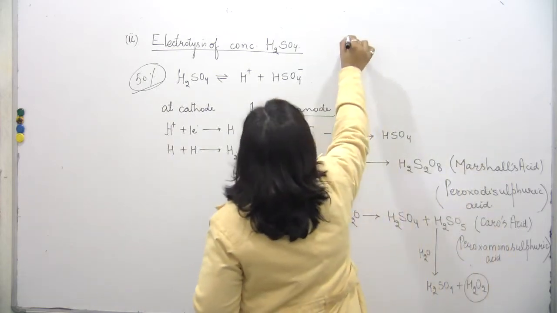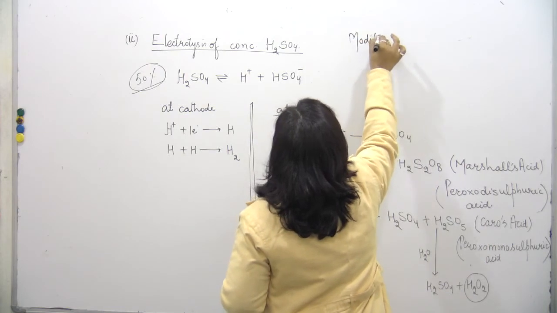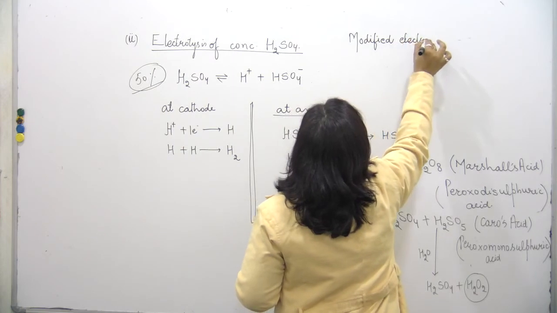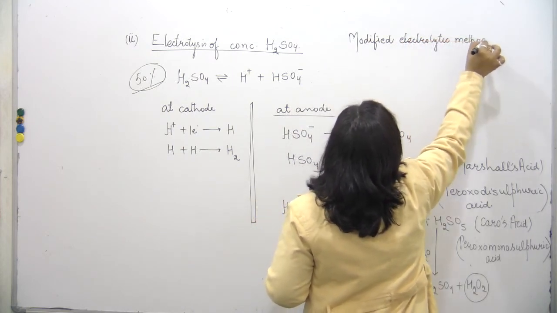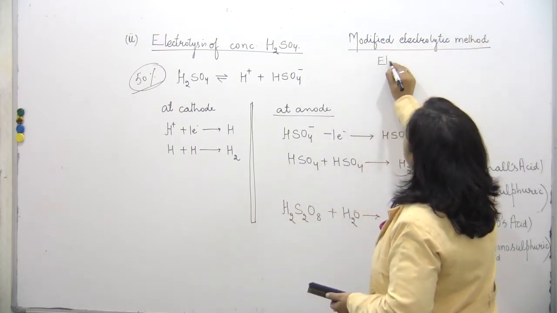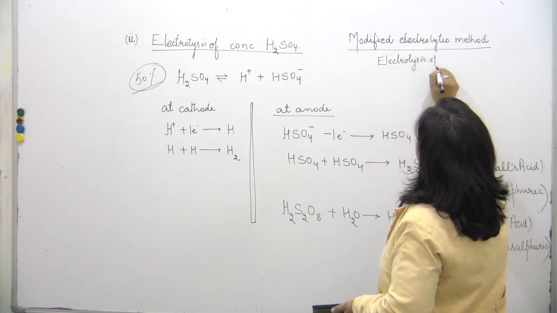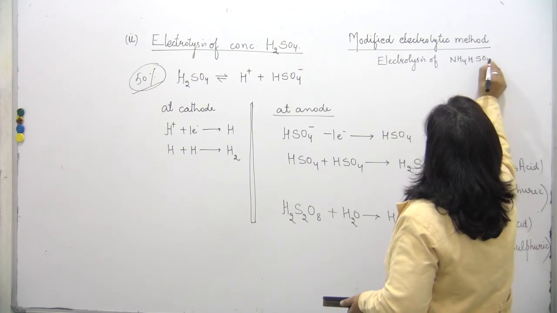The modified electrolytic method is electrolysis of ammonium hydrogen sulfate.